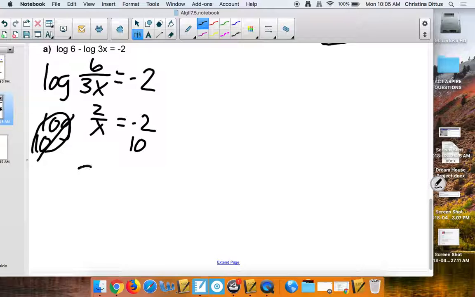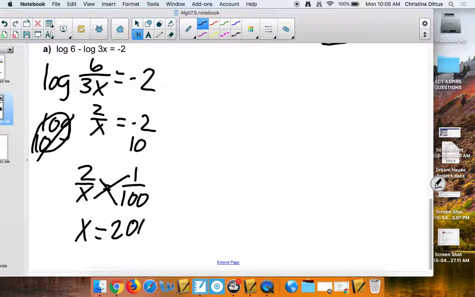They cancel, so I'm left with 2 divided by x. And what is 10 to the negative 2 power? 1 over 100. Cross multiply. X equals how much? 200. Very good.